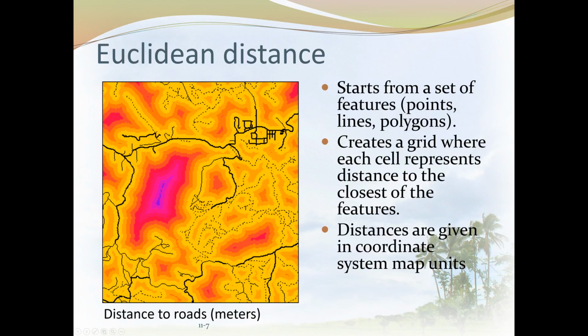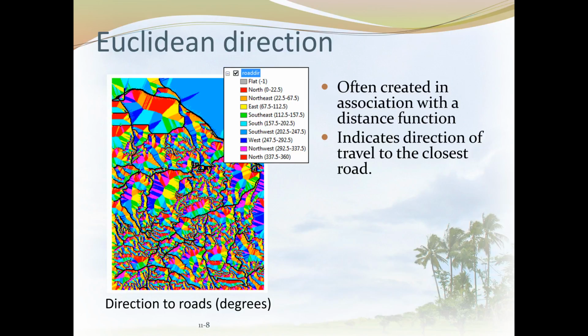Okay, so then we will have the Euclidean direction. For the Euclidean direction, we could see that it calculates the road direction here: -1 flat, or north, northeast, east, southeast, south. The different colors are coded, and we can know its direction, how it's facing, and it is often created in association with a distance function.